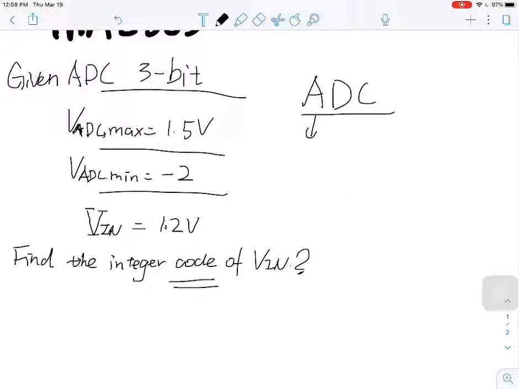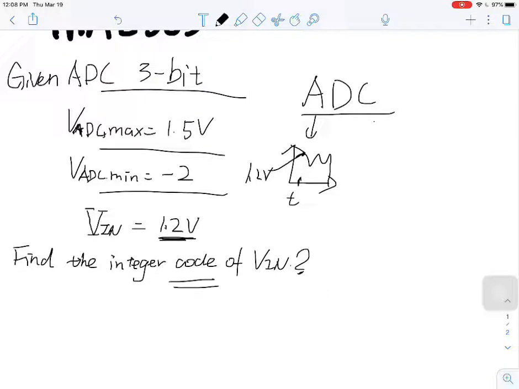So this should be your analog input. It can be any type of voltage signal. In this case, we only give you one voltage signal at one particular time. For example, at this T, that voltage is 1.2 volt.